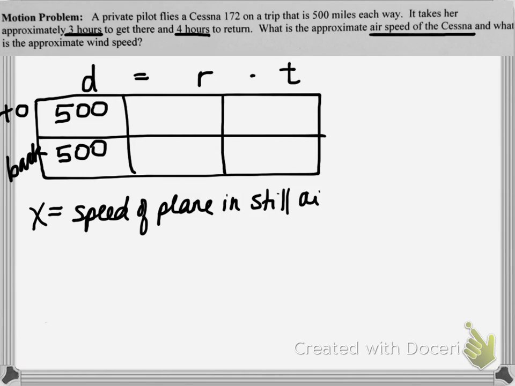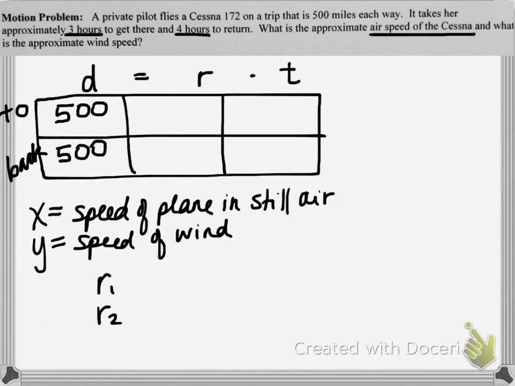If there was no wind, how fast is the plane traveling? And I'll let y be the wind speed. The letters you've chosen here, remember, are not important. So you could do x and y, a and b. Since they're both rates, you could do rate 1 and rate 2. You could use subscripts. It doesn't make any difference.